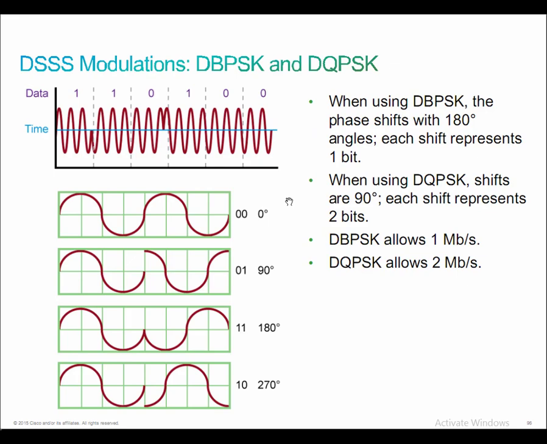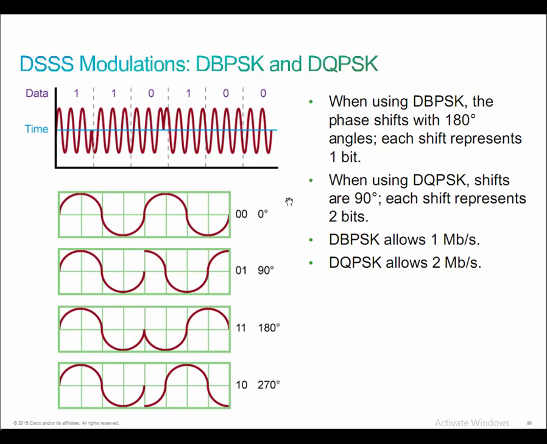Now, in the case of DQ-PSK, the groups are broken up into 2-bit groups, right? Now, keep in mind, the data that's being sent, well, I guess indirectly it's going to represent the chipping sequence. So if I'm sending 1100, 1010, 01010, for example, I'm going to break up that flow of bits.